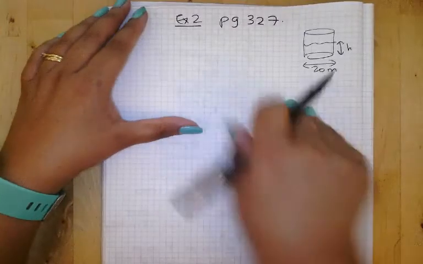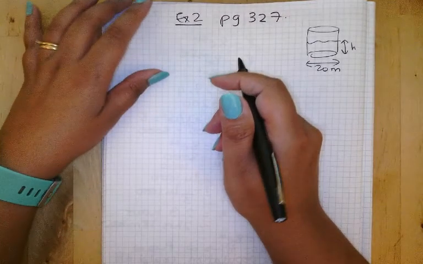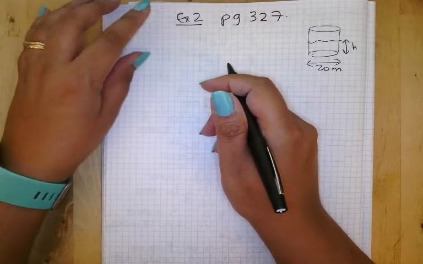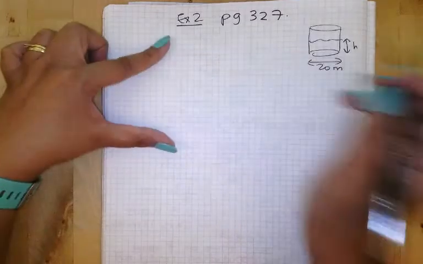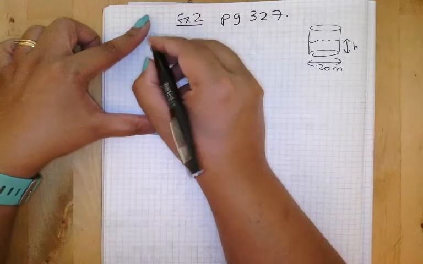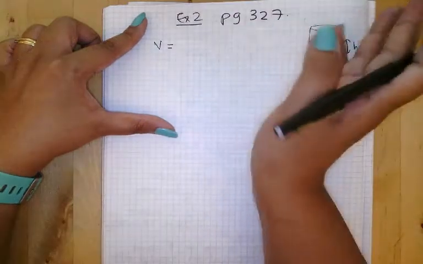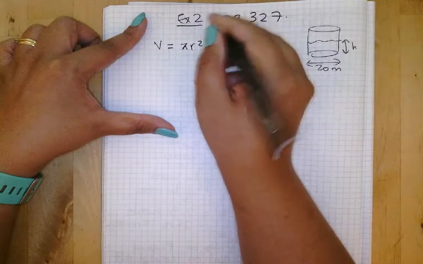The question says, water in a manufacturing plant is held in a large cylindrical tank of diameter 20 meters. Water flows out of the bottom of the tank through a tap at a rate proportional to the cube root of the volume. So let's just start by writing a few things that we know. We're talking about a cylinder, we're talking about water inside it, so that's going to have something to do with the volume.